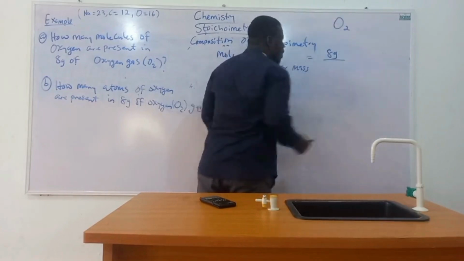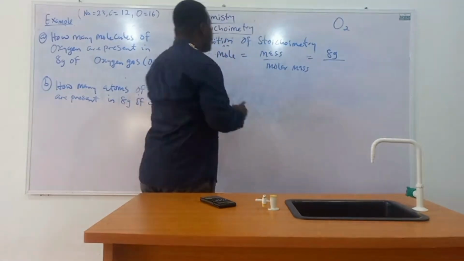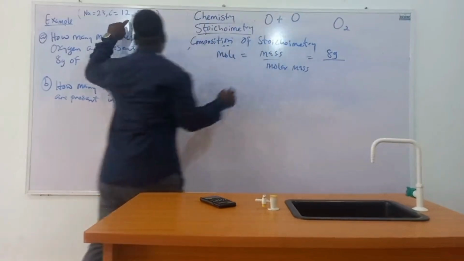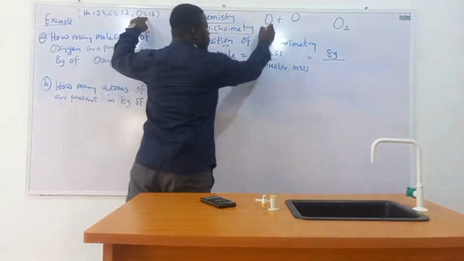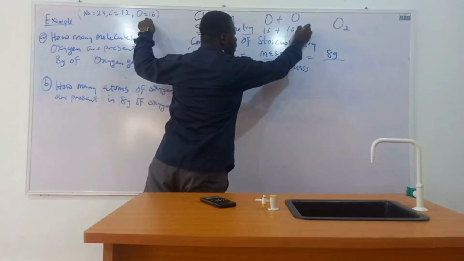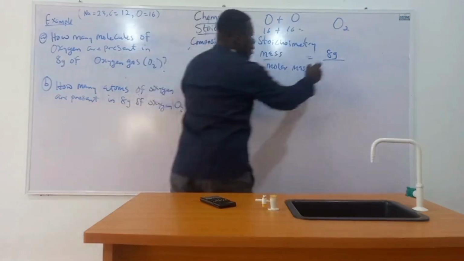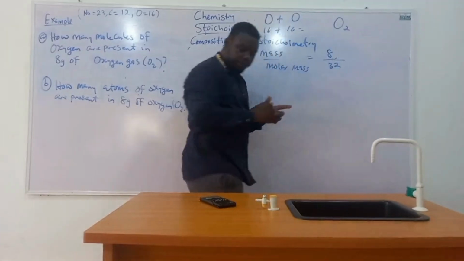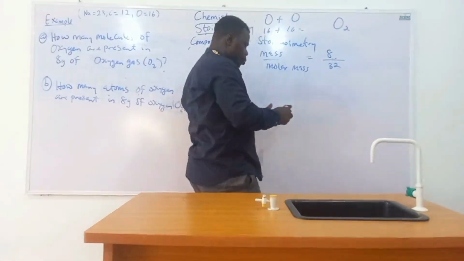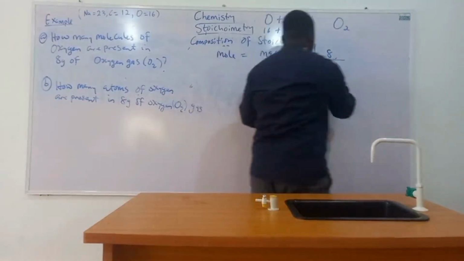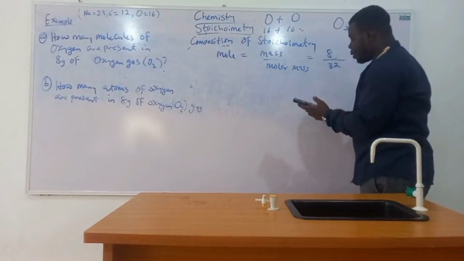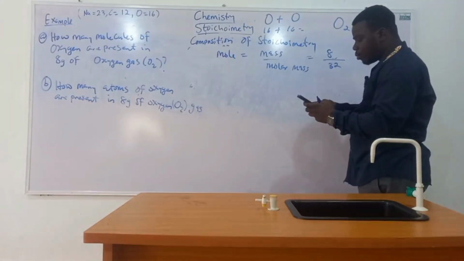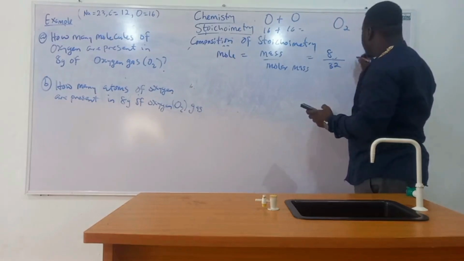Oxygen is O2, diatomic, right? So it means it is oxygen plus oxygen. The value, which is 16 plus 16, is equal to 32. So this is 8 grams over 32. 8 over 32.